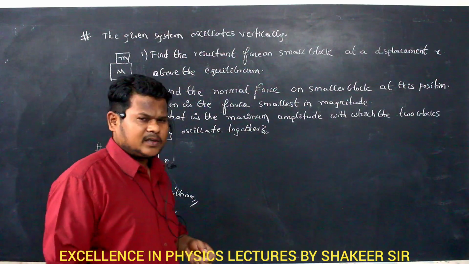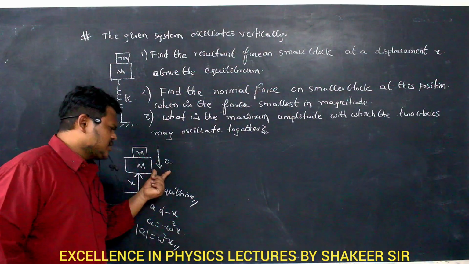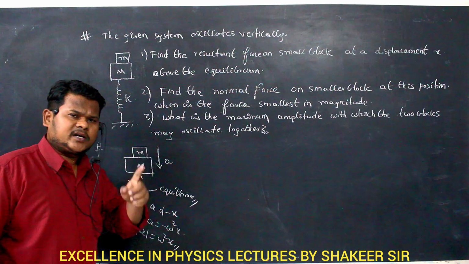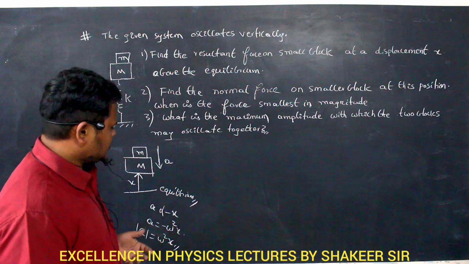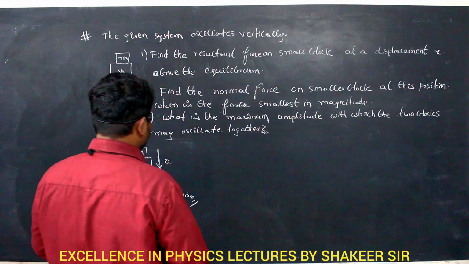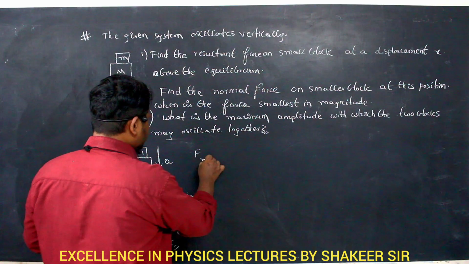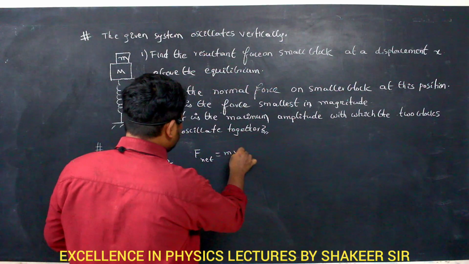The resultant force, the net force acting on this small m. Who produces acceleration? Always net force alone can produce acceleration. This we have been discussing again and again. So net force acting is equal to mass into acceleration.